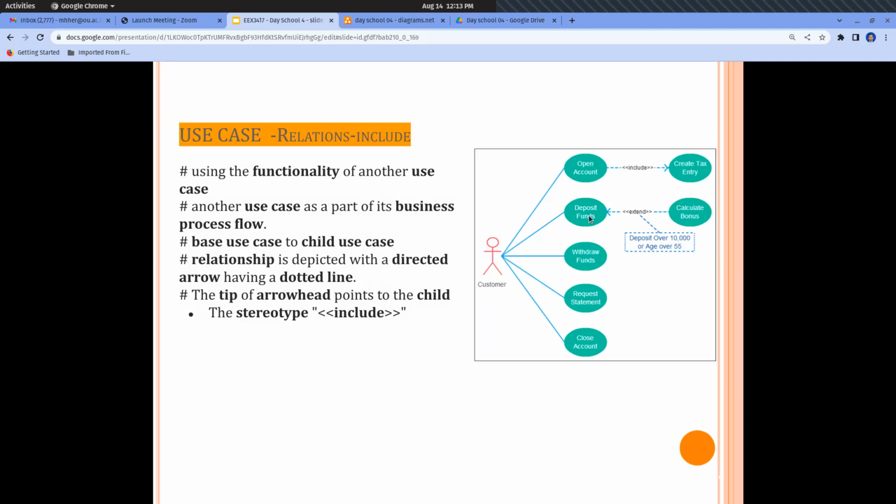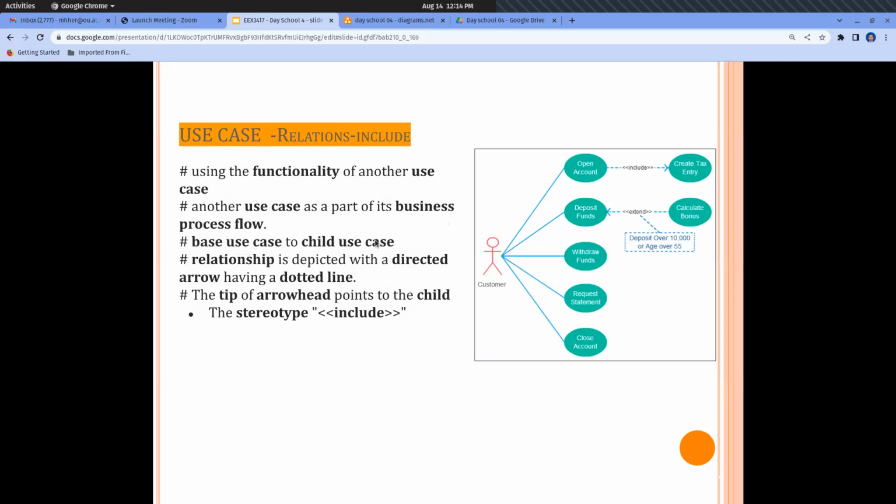So you should draw the link between deposit funds and calculate bonus as extend, using the functionality of another use case as a part of its business process flow.